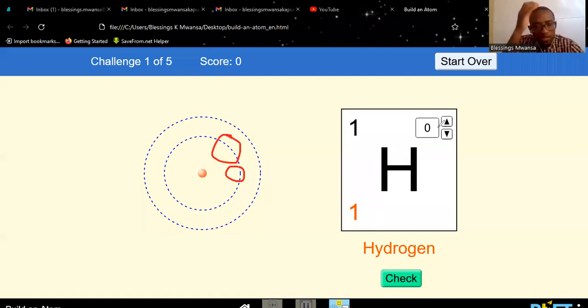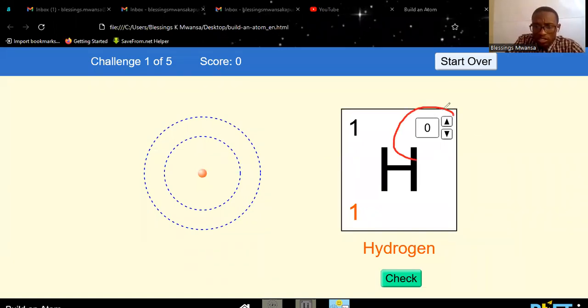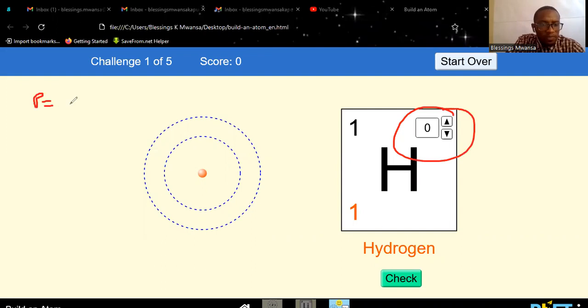Okay, so the question is here, what is the charge? Remember, when you're dealing with a charge, compare the P and the E. Is the P equal to the E? No. Was there gaining? Was there losing? So yes, there was losing. What is the meaning of losing? Initially, there should be an electron here.